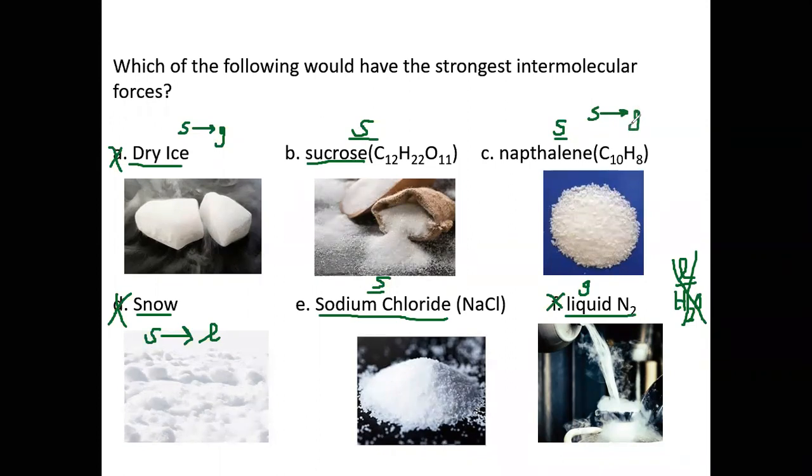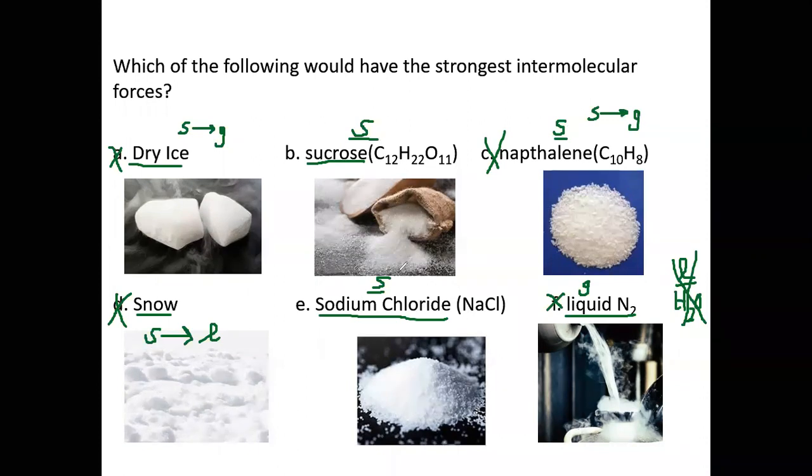And that's how it prevents moths from coming, as it gives off that odor from the naphthalene. So since naphthalene sublimes at room temperature, it would not be the strongest attractive forces. Next we have left is sucrose and sodium chloride.